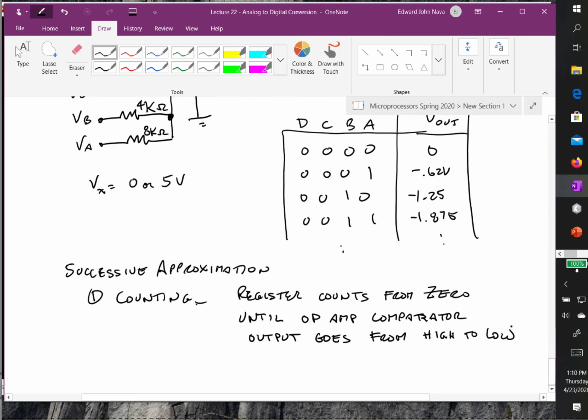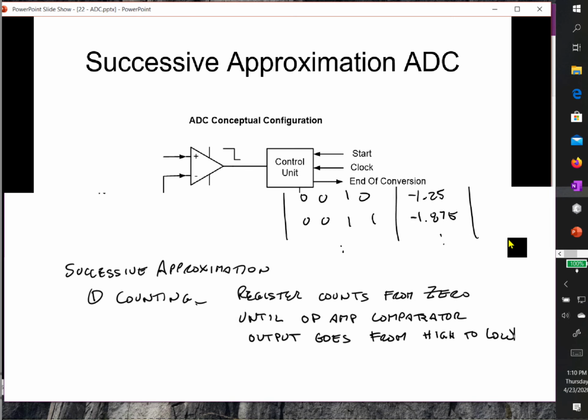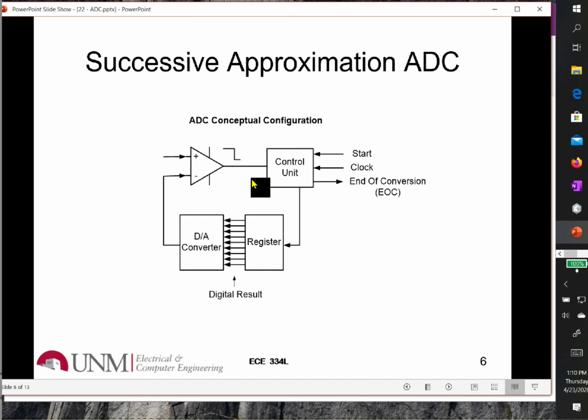Okay, so bouncing back over here, we see that this signal goes from high to low.